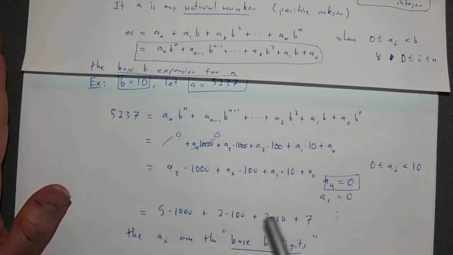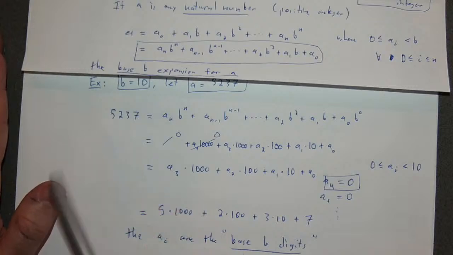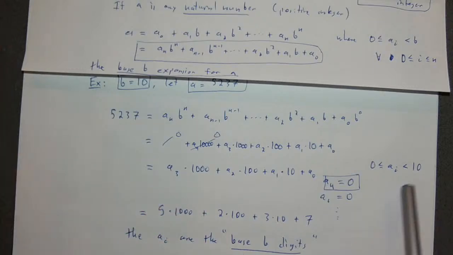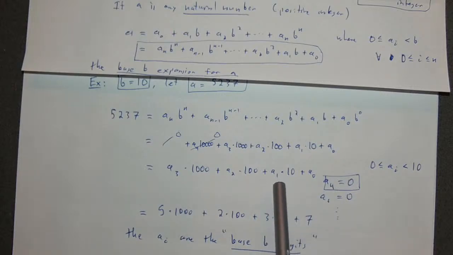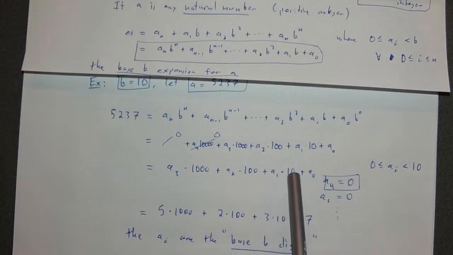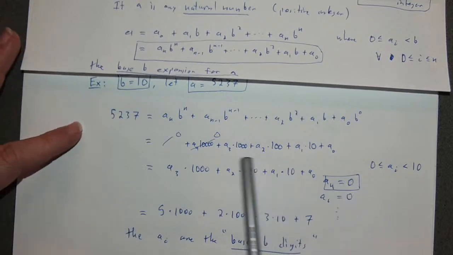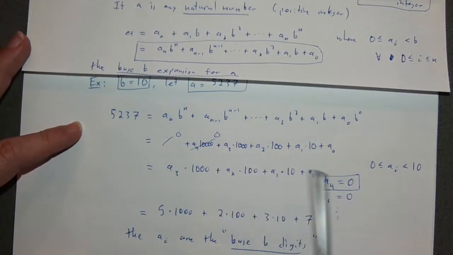Well, it causes an overflow in the digits place, right? If a sub i is equal to 10, it actually shifts the digits. Here you would have a sub 1, say, be 10, and you would have 10 times 10, you'd have 10 squared, which is a value that belongs to this place, not the tens place, right?